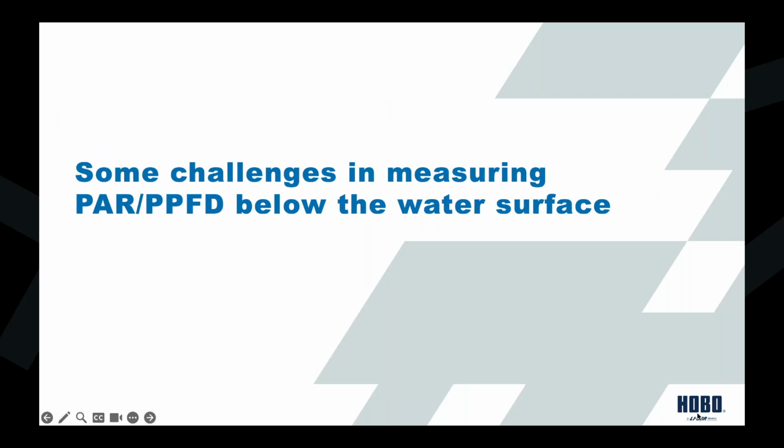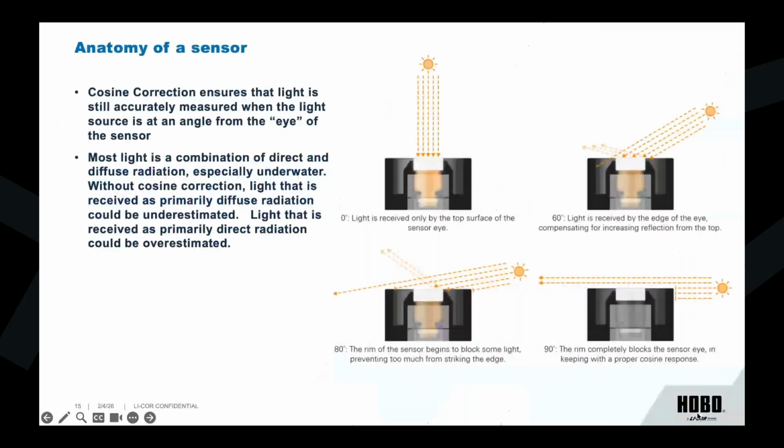One of the things that we do need to make sure of is that our sensor is what's called cosine corrected. And this means that the light is still accurately measured when the light source is at an angle from the eye or the diffuser of the sensor. Most light is a combination of direct and diffuse radiation, especially underwater.